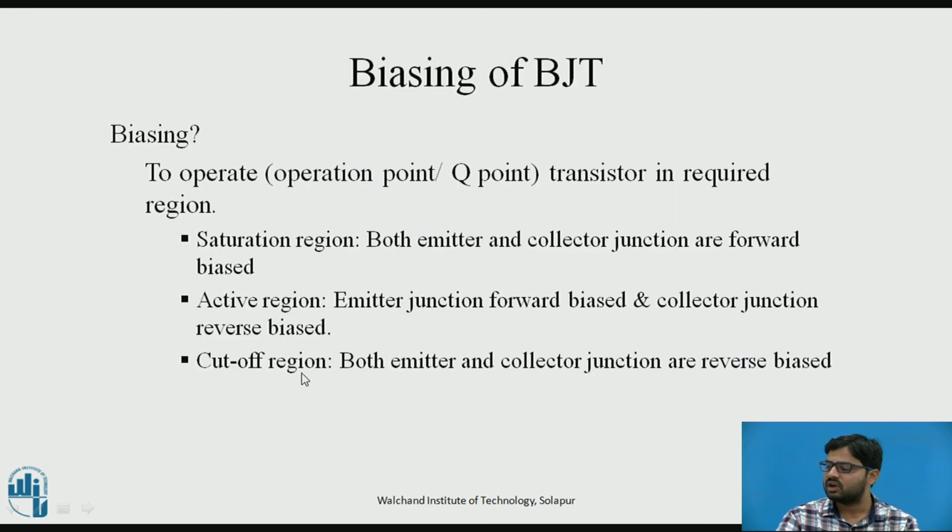In the cutoff region, the current is near zero, equal to the reverse saturation current. So for an amplifier, it is biased in the active region, and for a switch, it is biased in the saturation and cutoff regions.